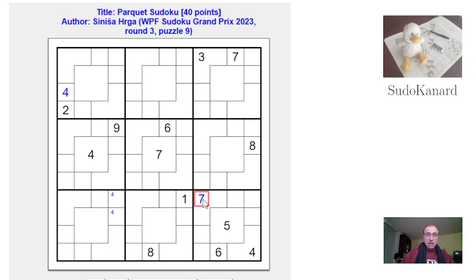But, now that I have this 7 here, and this 7 here, so now the 7 in this column can only be here. And we also must have a 7 in this row, on this row, in an isolated cell. So there's a 7 down there.